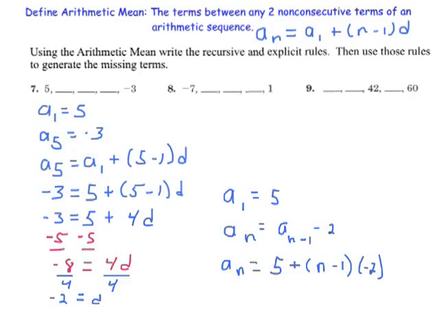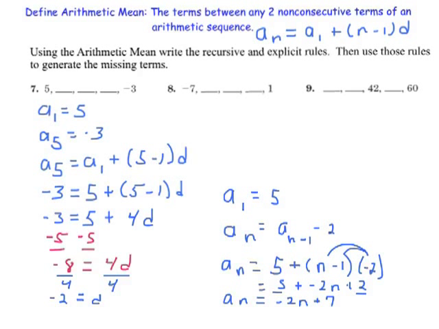Well, I'm going to go ahead and clean it up. So that's going to give us 5 plus, I distribute the negative 2 inside, which gives me negative 2n plus 2. I'm going to add like terms. My like terms are these two numbers, so that gives me negative 2n, and 5 plus 2 is 7. So there is my explicit rule right there.